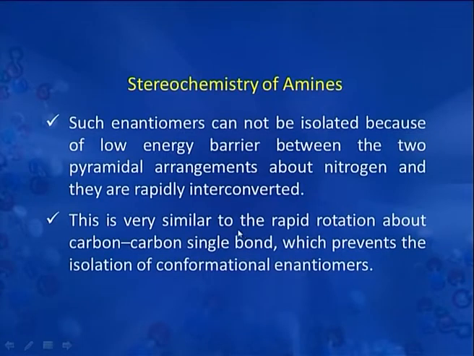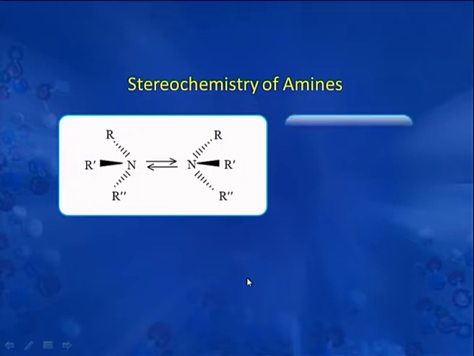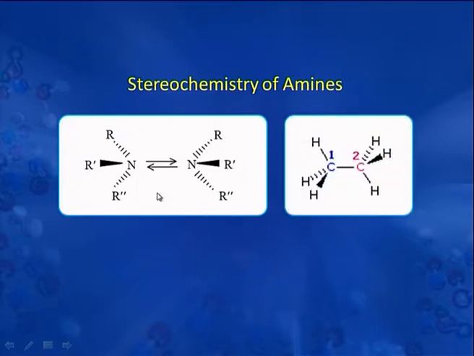This is very similar to the rapid rotation about a carbon-carbon single bond, which prevents the isolation of conformational enantiomers. Like in this particular case, you can see that this is a tertiary amine appropriately substituted, having a stereogenic center, but it cannot be isolated because of rapid interconversion.